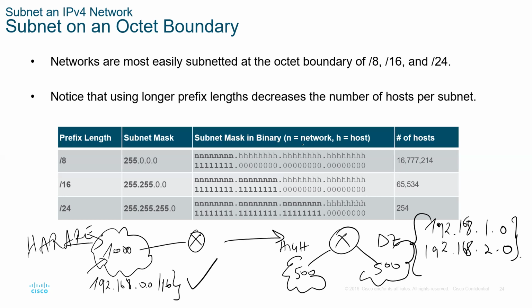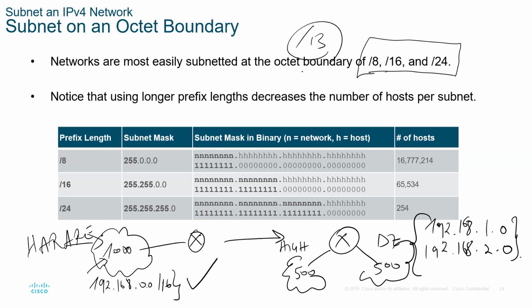Networks are most easily subnetted at the octet boundary. You will see as we do our practice, most of the networks that you get, the first network before subnetting, is at that octet boundary. It's just for practice's sake. In more complex networks, you get assigned a network address which is a /13.